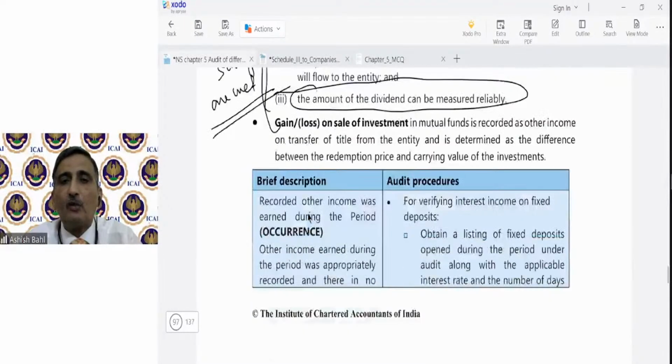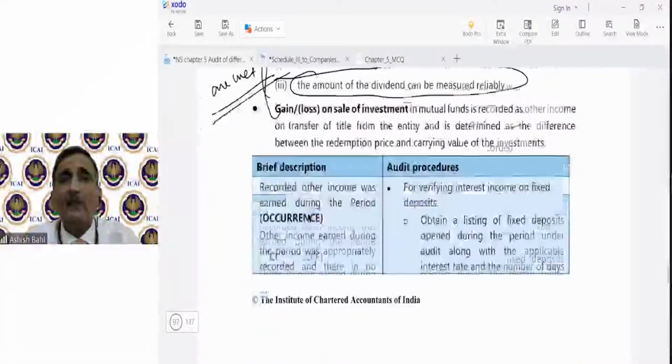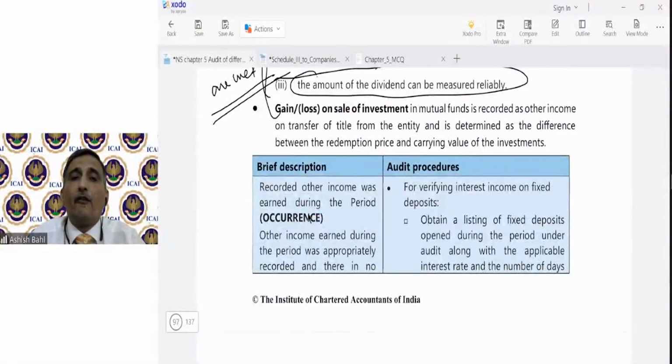So what are the procedures relating to items of other income? For testing occurrence assertion, just common sense procedures. You can write this yourself also by thinking logically, like obtaining a listing of fixed deposits opened during the period.